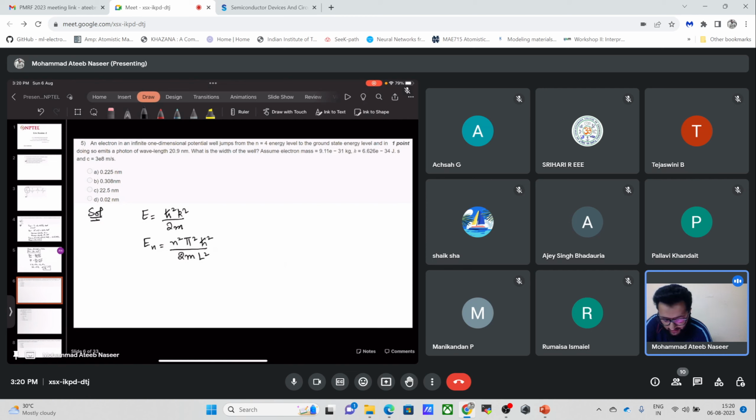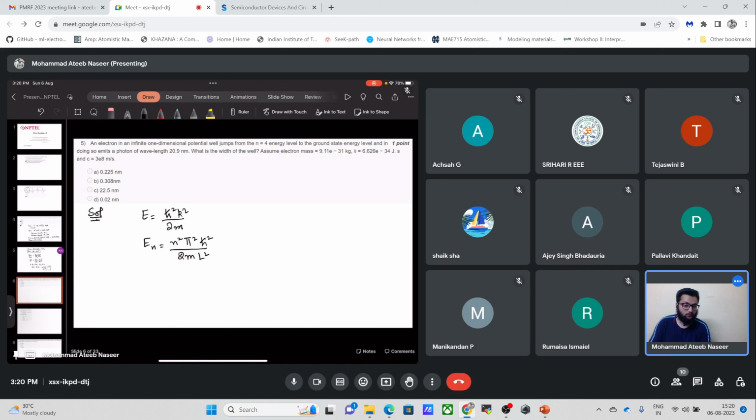Now this electron is only in 1D, so this is a 1D problem. This has been thought to be present in the fourth energy level. As you know, this discretization of energy, you must have seen back in class 11th and 12th, and you know how electrons jump from high energy to low energy, dissipating some photonic energy, heat energy.